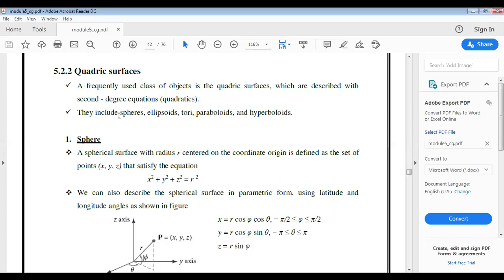Sphere or circle, both are the same. The only difference between a circle and a sphere is that whenever I talk about a circle, I talk about two dimensions. The representation of circle and sphere is almost the same.